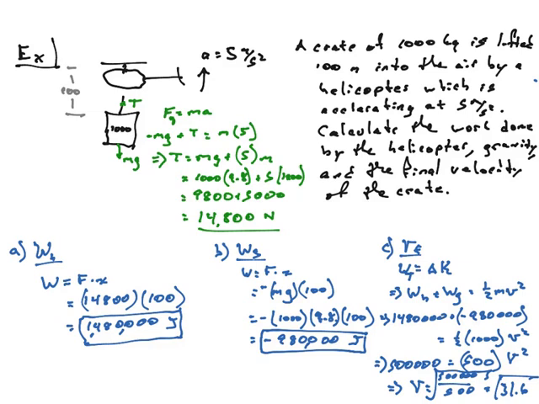Now part C. As the helicopter is lifting this crate up, once it reaches the 100-meter mark, how fast is it going? Well, now you're relating work stuff with velocity stuff. So that means we're doing work energy theorem.